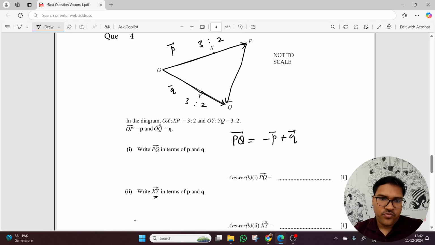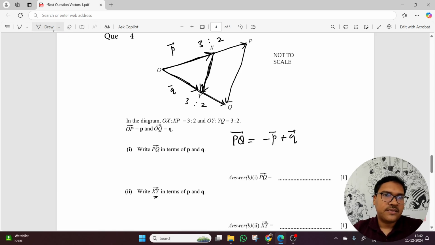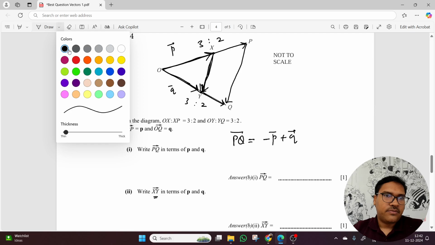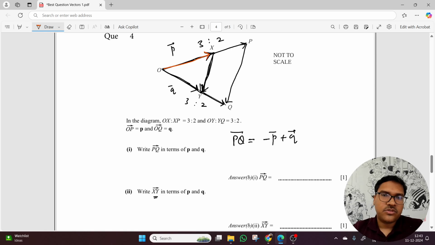Next is write XY vector in terms of P and Q. Now what is XY vector in terms of P and Q? You see, this is XY vector. We know this OX vector, and we can easily write what this vector is.